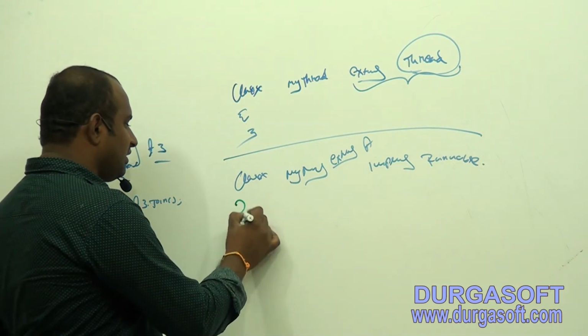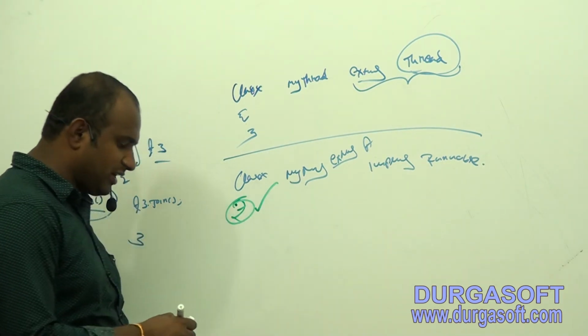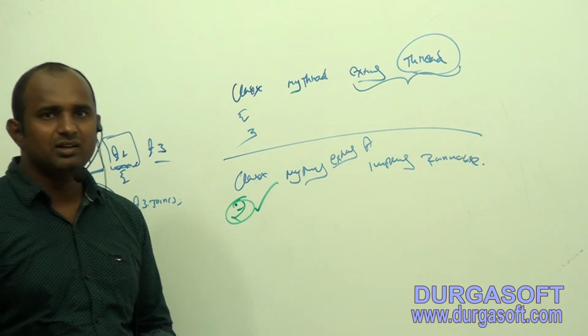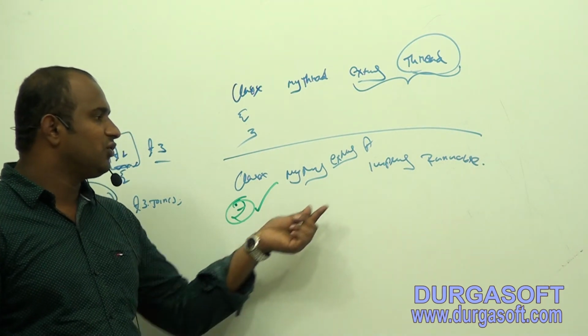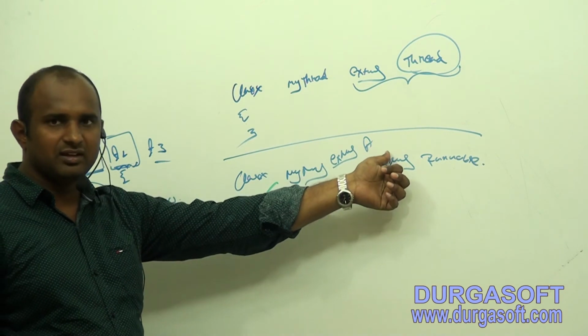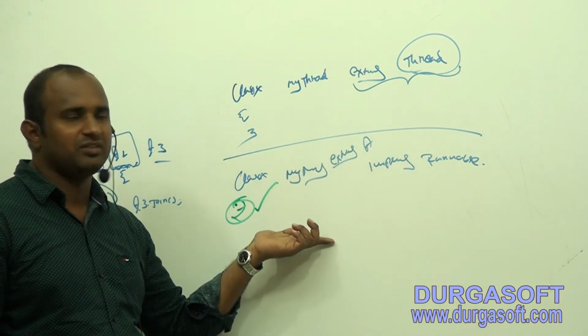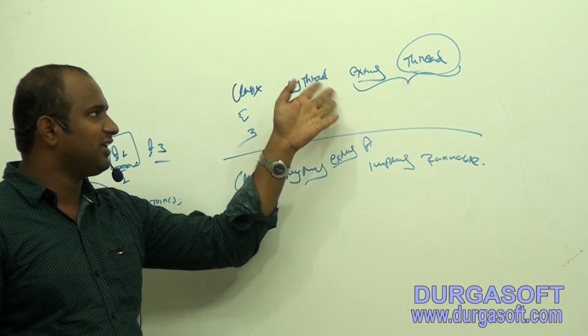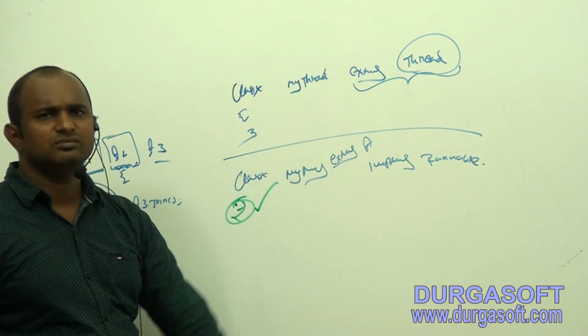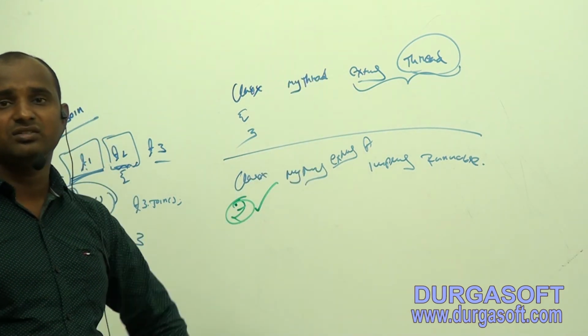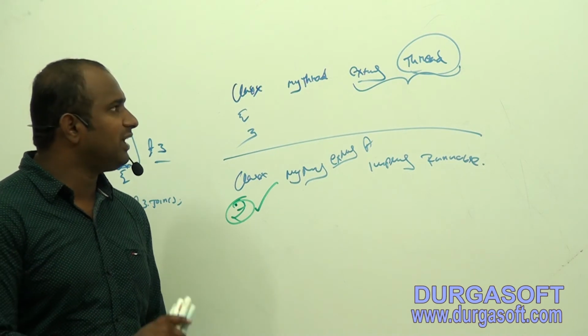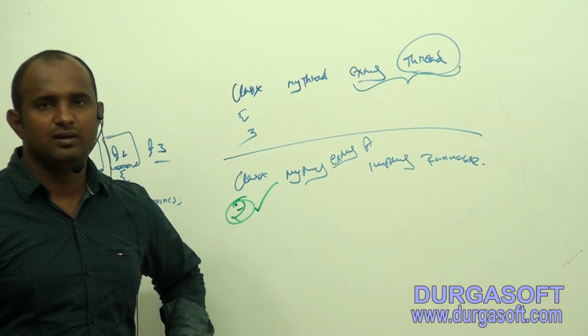We are saying the second approach is the best approach to create a thread. Because in the second approach, it is possible to extend some X class and acquire some properties. But in the first approach, it is always extending the Thread class. It is not possible to extend any other classes, right?